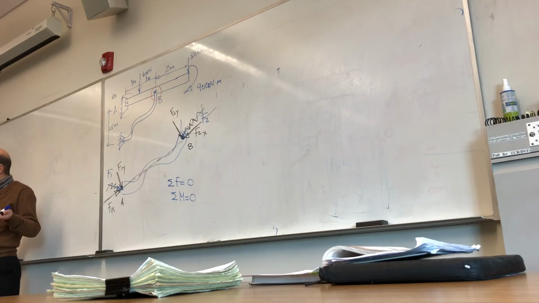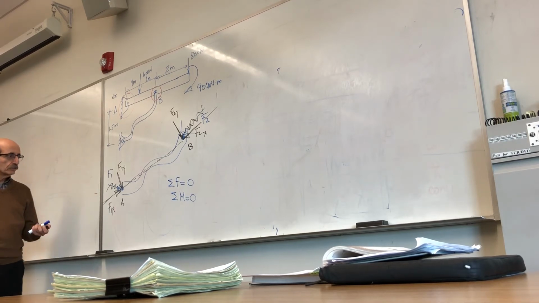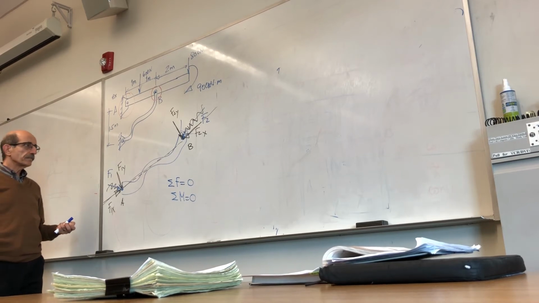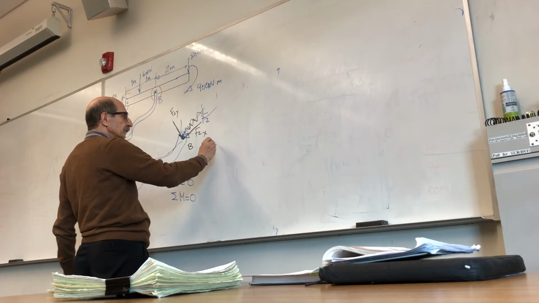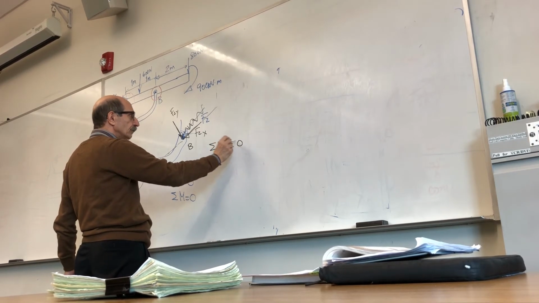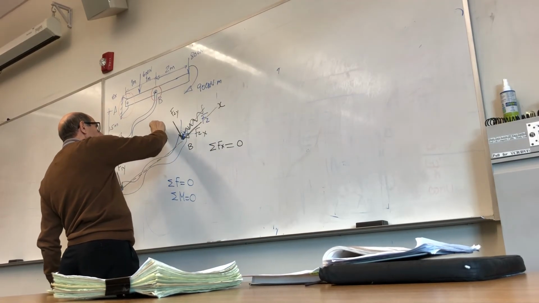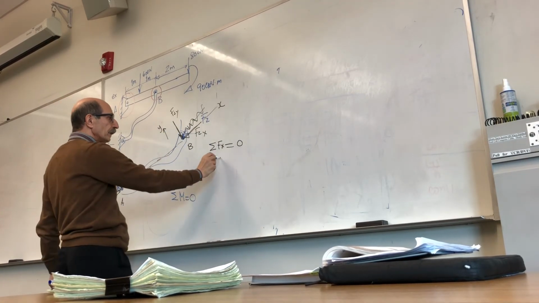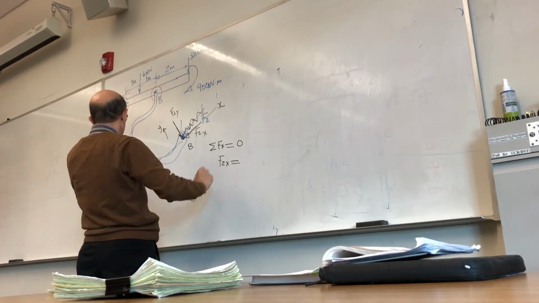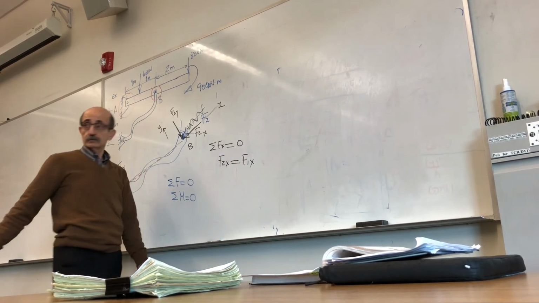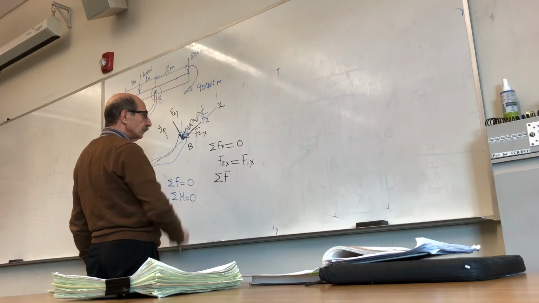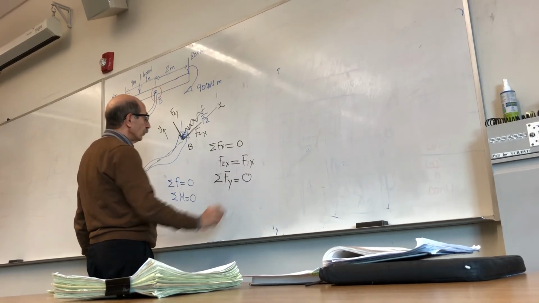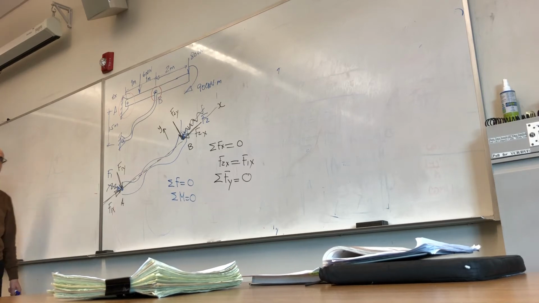I haven't done anything extraordinary, right? So if you say summation of forces along x has to be 0. This is x, this is y. F2x has to be equal to F1x, right? And if I write summation of forces along y is equal to 0, okay, what happens?